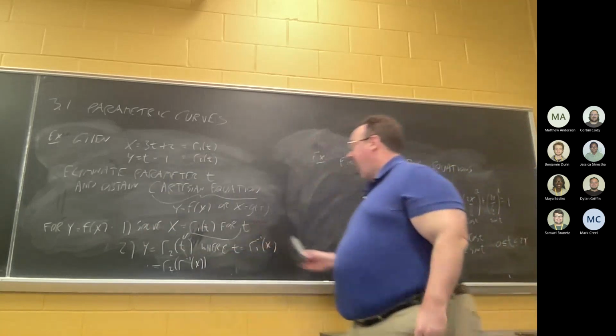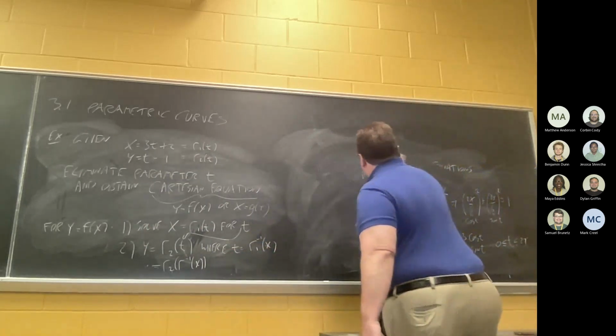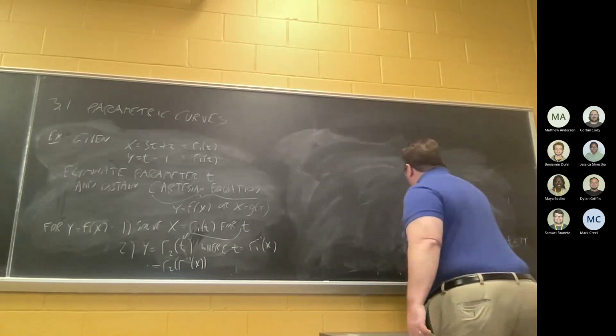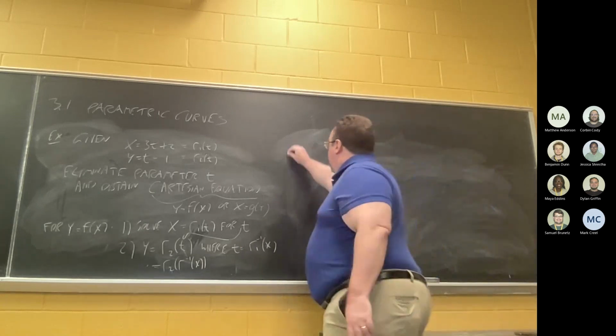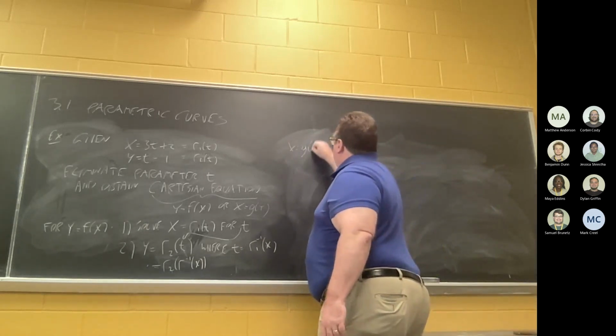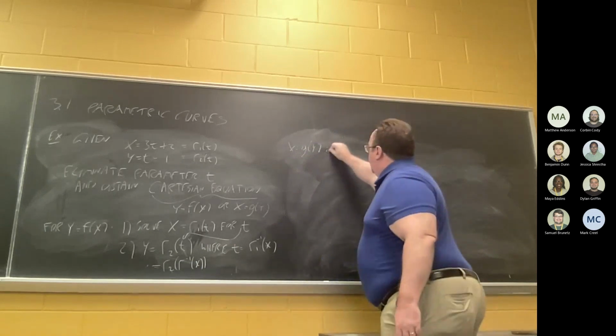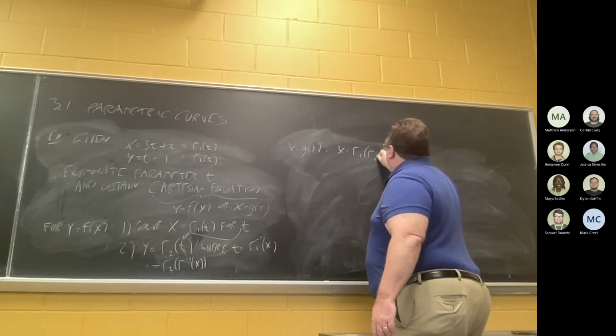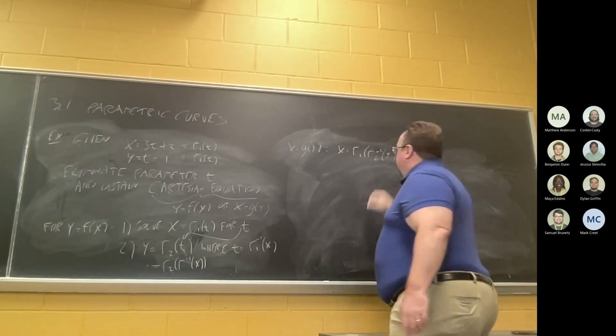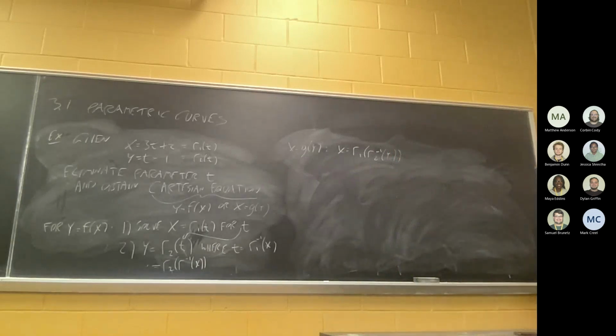And you can do the opposite if you want x as a function of y. In that case, x would be equal to R1 of R2 inverse of y. So you solve the parametric equation for y for t, and plug that t expression into your parametric equation for x.